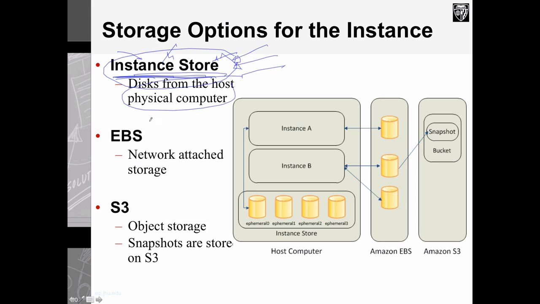To make sure all our data is safe, we want to use something called elastic block storage, or EBS. This is like a network attached storage that you can allocate to your instances. Once you start writing to those EBS volumes, you can take snapshots of it and preserve it.